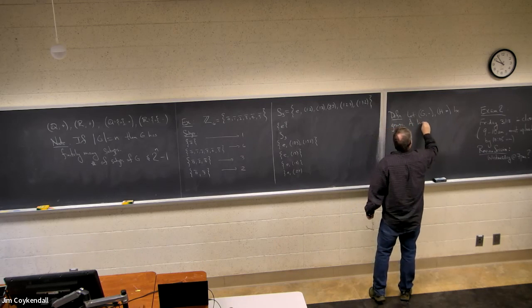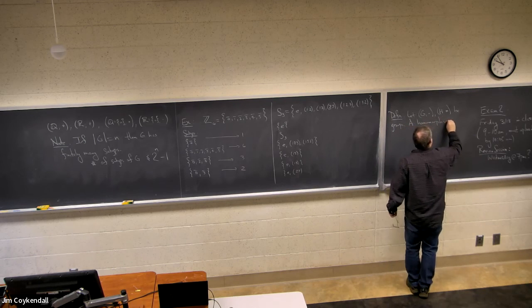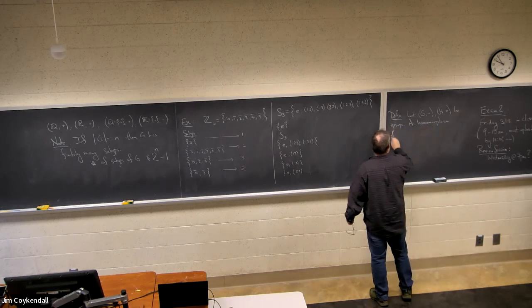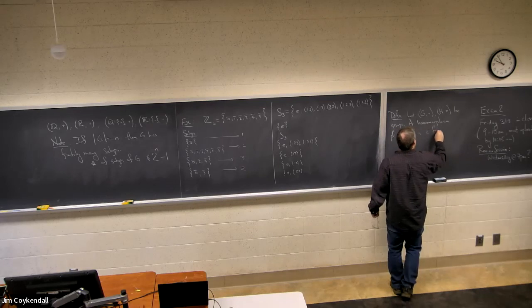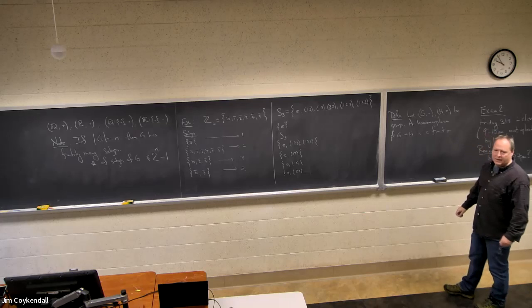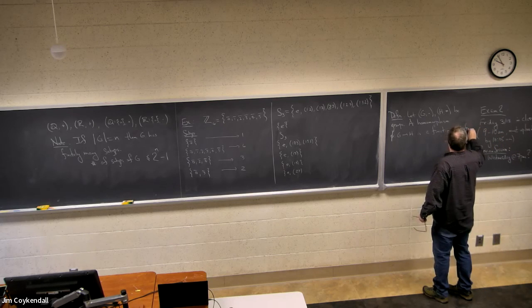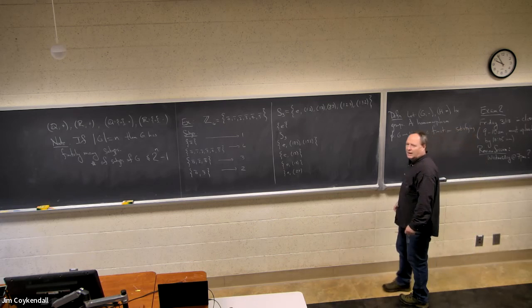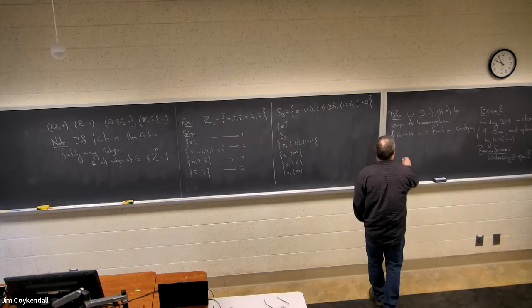A homomorphism phi from G to H is a function from G to H satisfying the following. It's not just any old function that goes from G to H. It respects the structure.